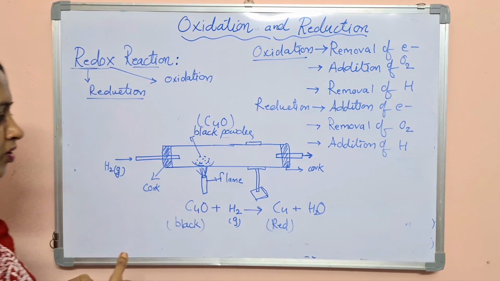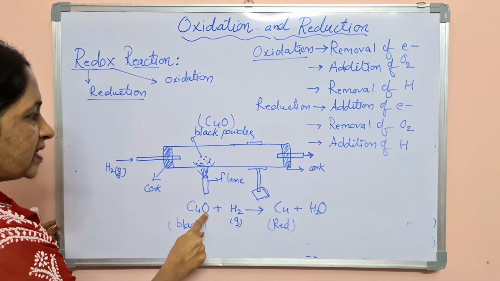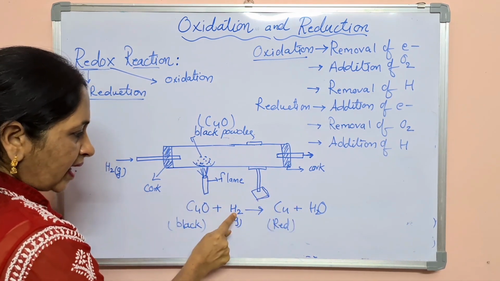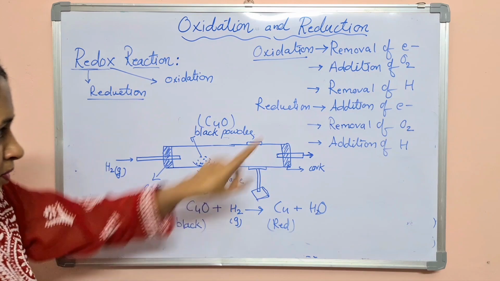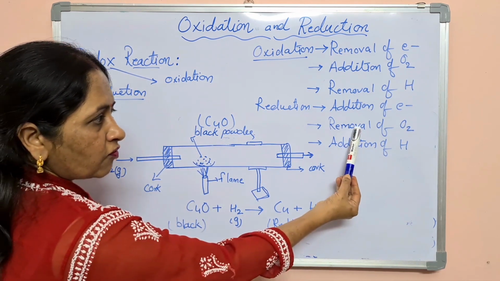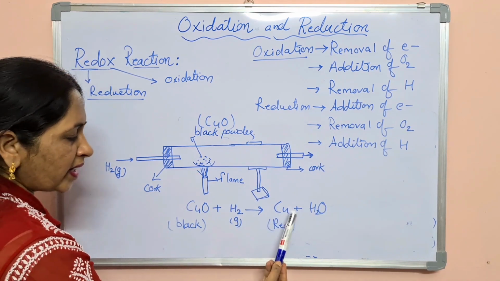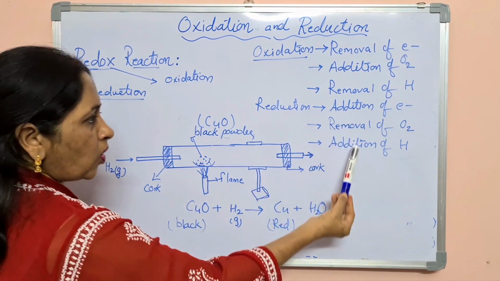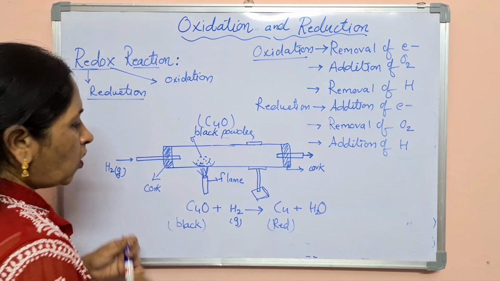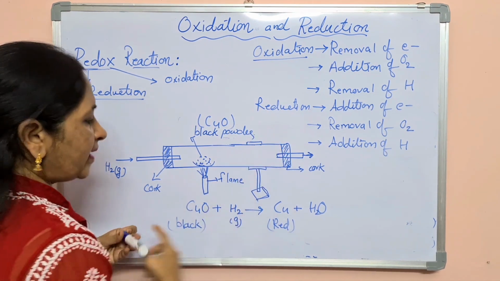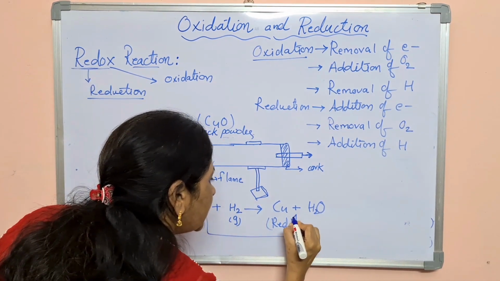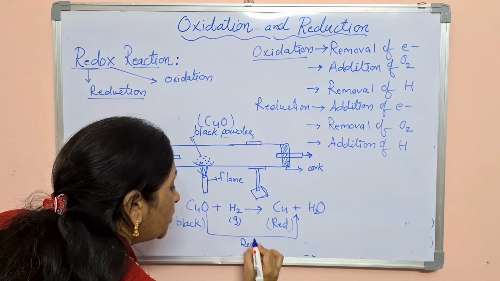So in this reaction, you can see that oxygen is removed and hydrogen is added. So come to the definition of reduction: removal of oxygen, addition of hydrogen. Here the removal of oxygen means that this copper oxide is reduced.